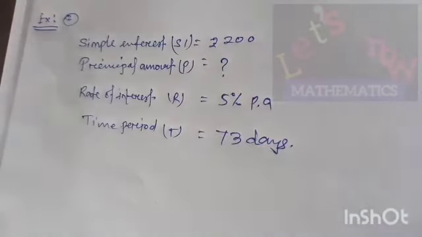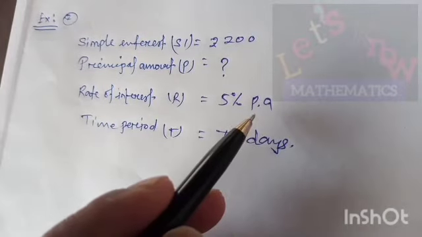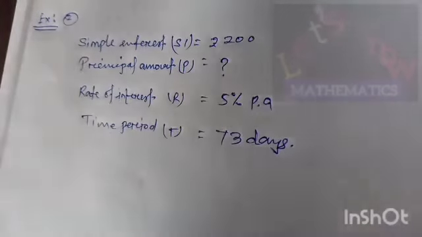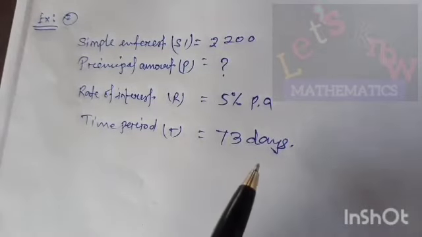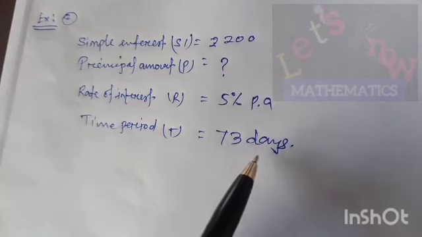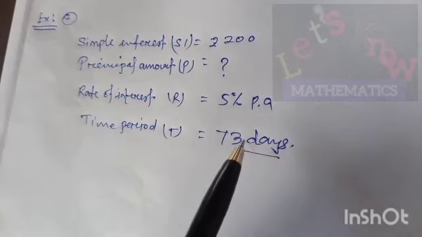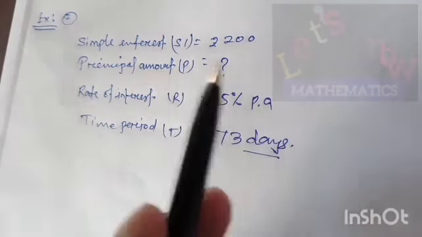Now see, there is one little problem here. 5% per annum is given, which we understand is counted yearly, but here days are given, right? 73 days. So the time is given in days, and how much amount was invested we don't know, but we have to find it.